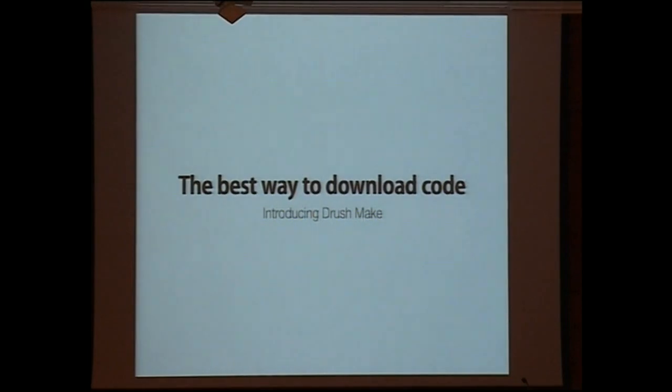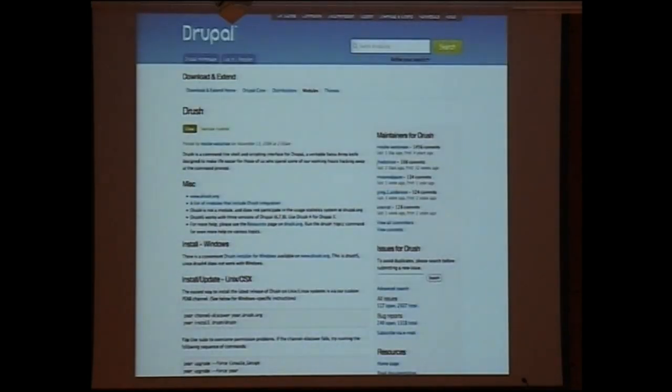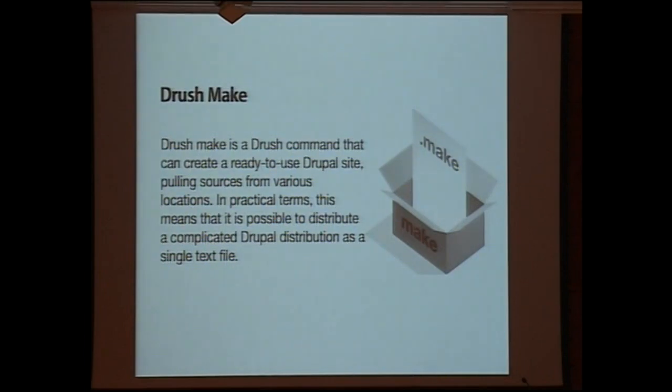And you're looking for something that allows you to automatically download code and build the code base for your Drupal site in a maintainable way. The tool is Drush Make, which is now part of Drush, the standard way to interact with Drupal through the command line. And Drush Make is now a Drush command, no longer an extension.